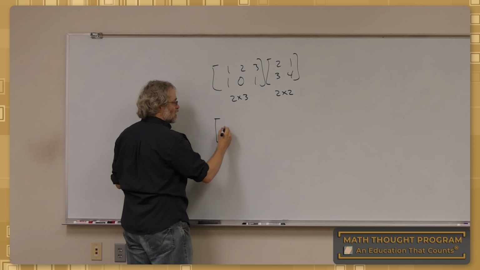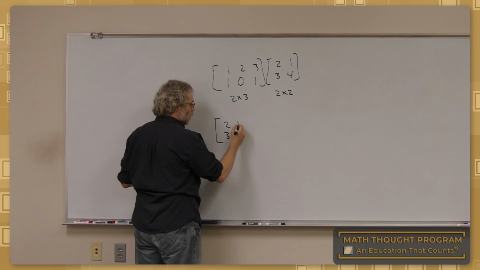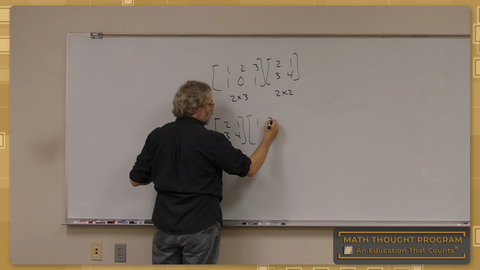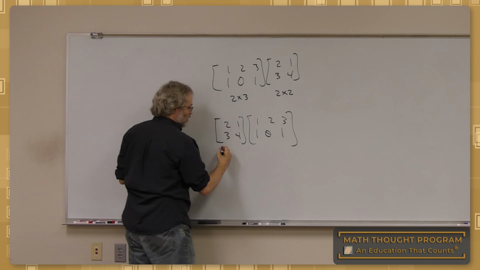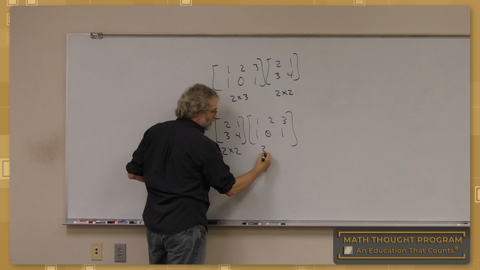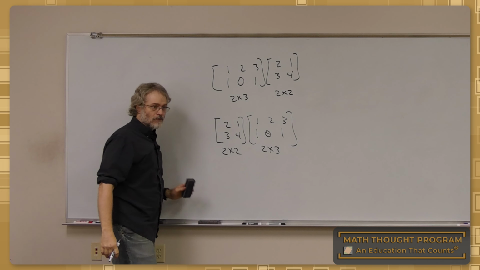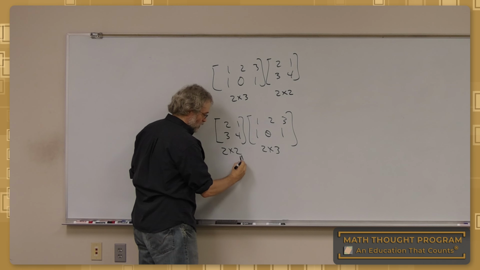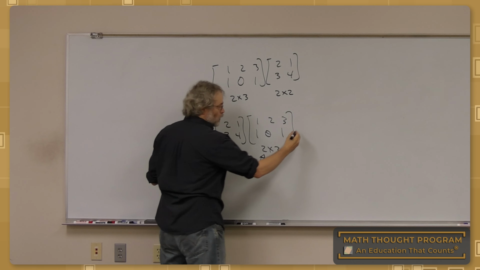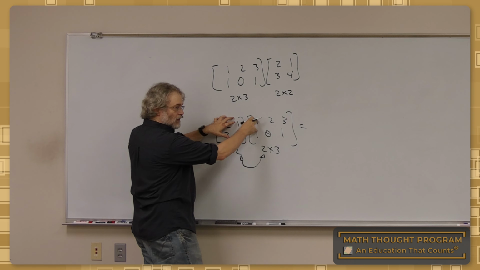But let's say you have 2, 1, 3, 4, and you have 1, 2, 3, and then 1, 0, 1. This is a 2 by 2. That's a 2 by 3. This will work because these match up. And again, the way that I would do it, take the row, dot it with a column.